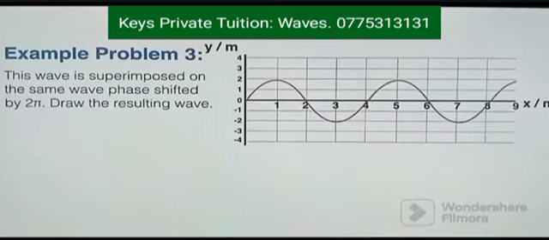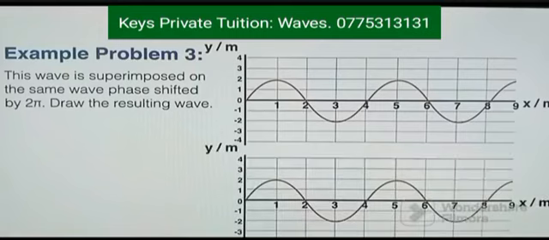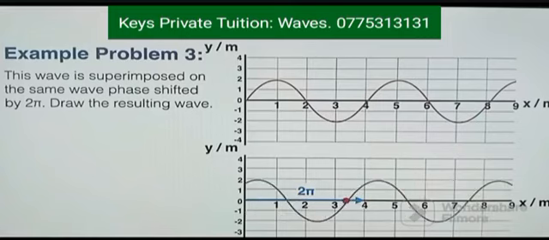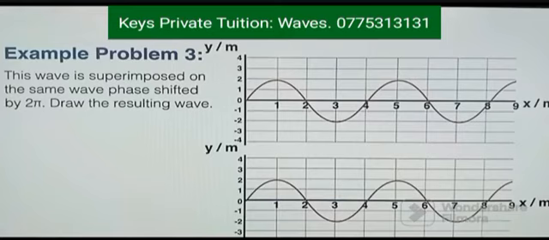This wave is superimposed on the same wave phase shifted by 2 pi. Draw the resultant wave. So if you shift a wave by 2 pi, you are shifting it by a complete cycle, which is more like bringing every other position to where it was before. So the shift is not going to be different. A shift of 2 pi is not going to be different from the original wave.